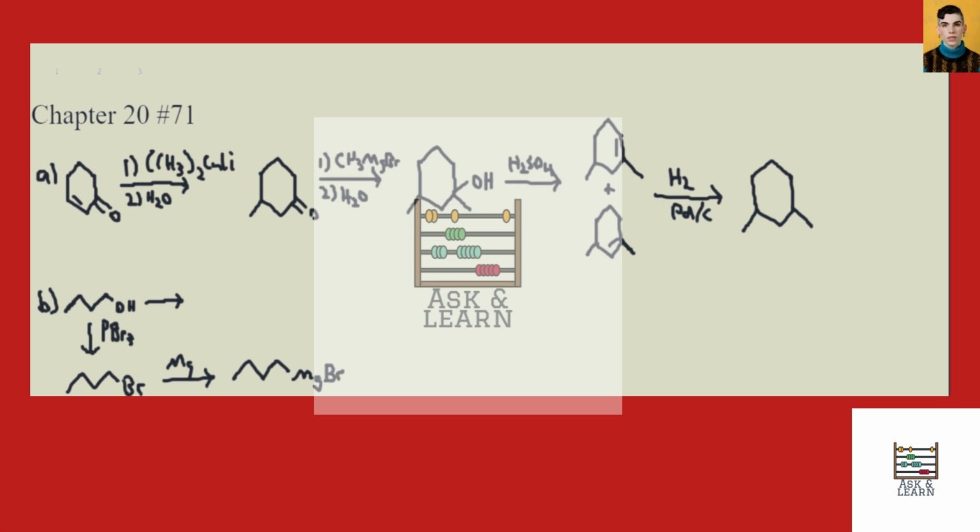So, okay, we'll leave that there for now. Then we can take another equivalent of 1-butanol and oxidize that with PCC. And so that is going to get us to this aldehyde. And now we can use the Grignard reagent that we made right below this.